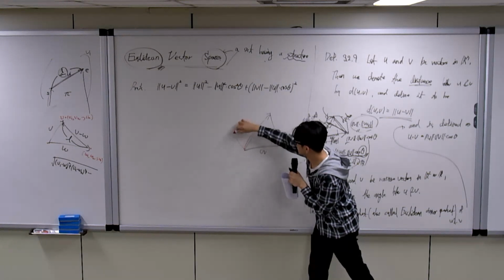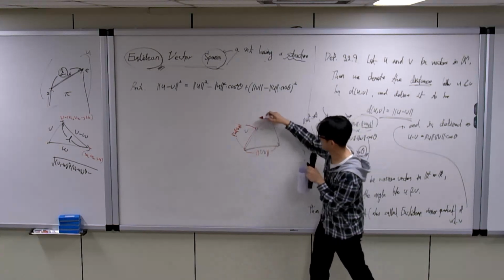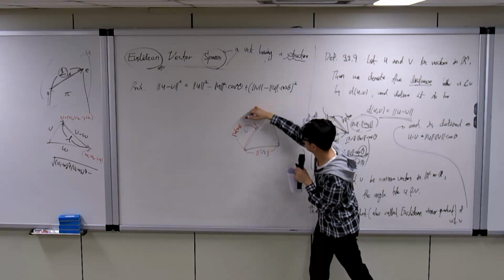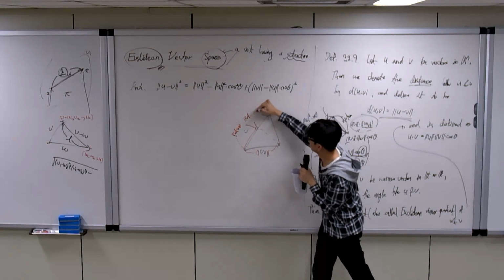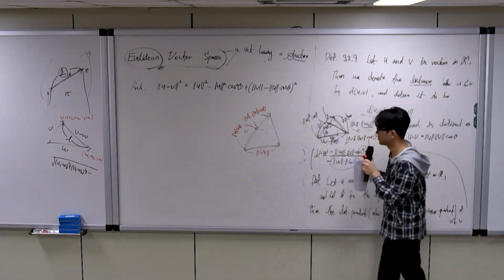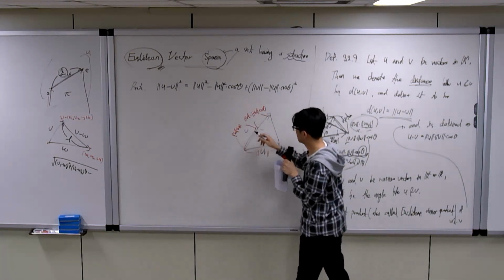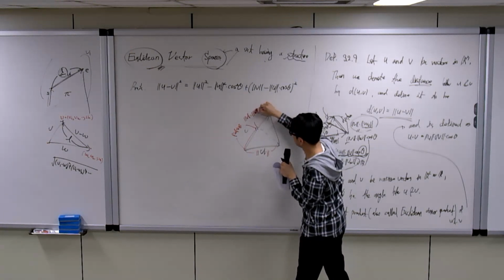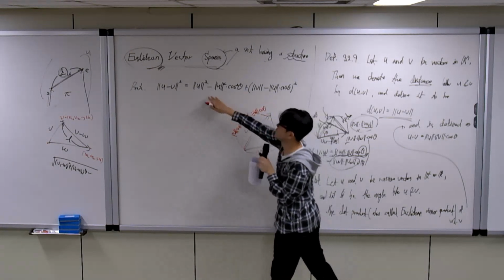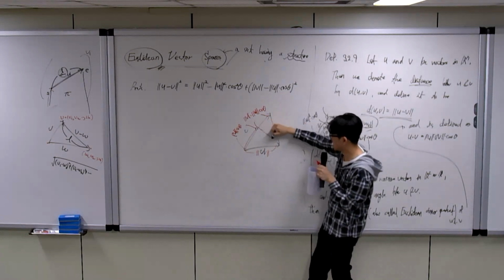I will use just length times cosine 0. This is the norm of W, and this length is the norm of V subtract norm of W cosine 0. And so U square minus U cosine 0 will give this length.